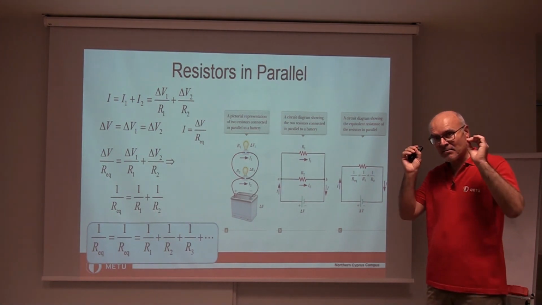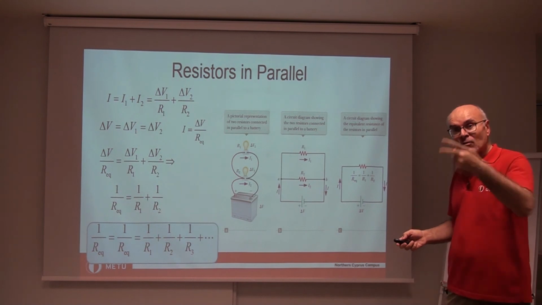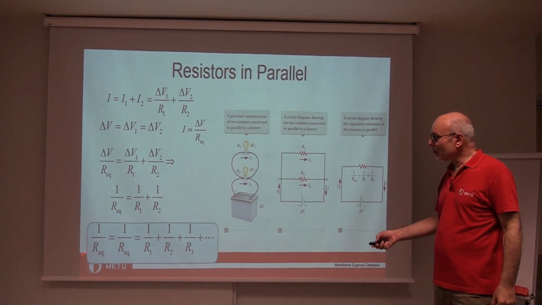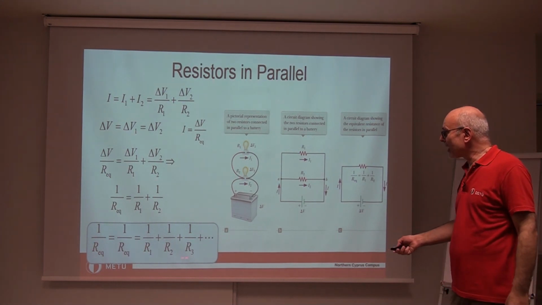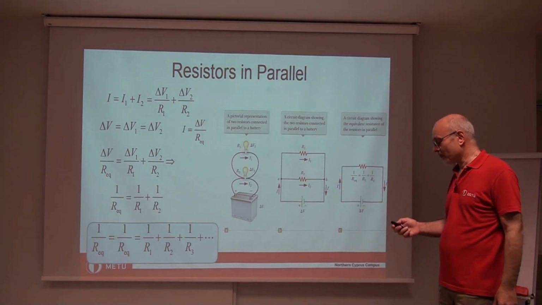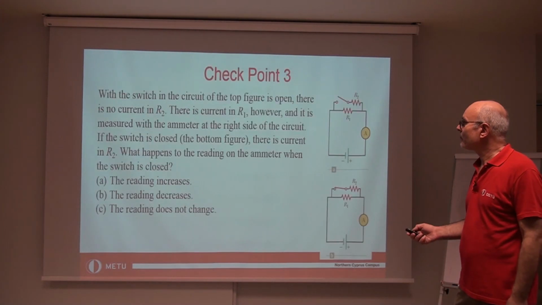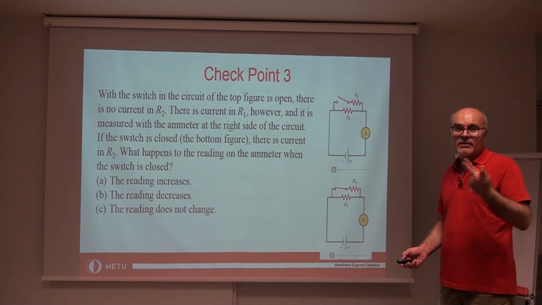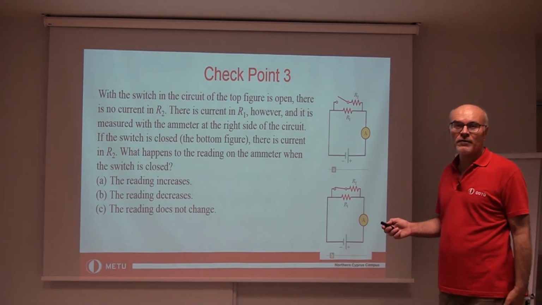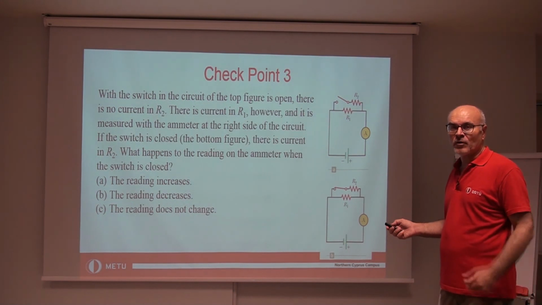Once that's maintained, you can replace all of these by a single equivalent resistance whose magnitude is related to the magnitude of the other resistances by this simple relation. This is another checkpoint, similar to checkpoint 2, which is also worth considering before you proceed.